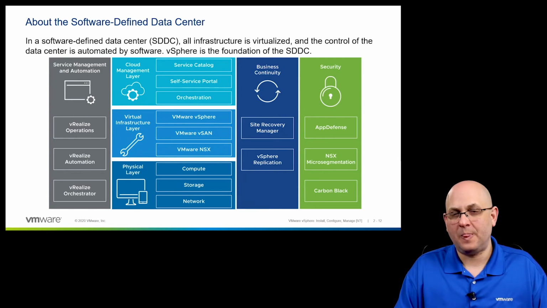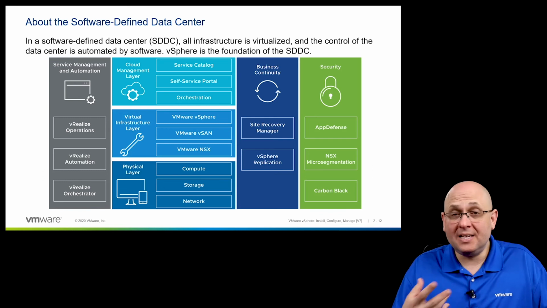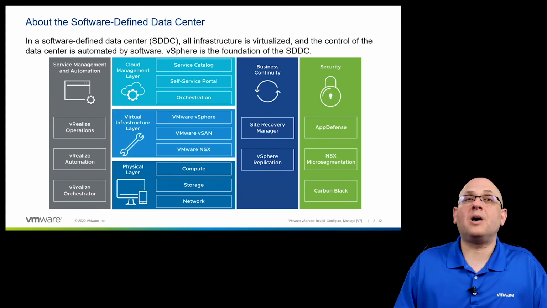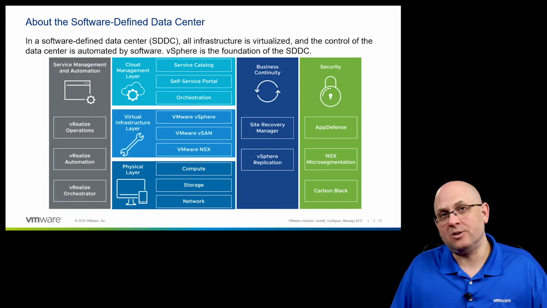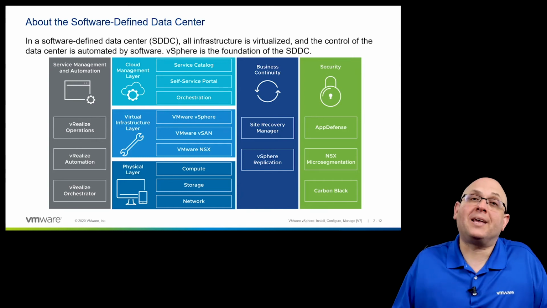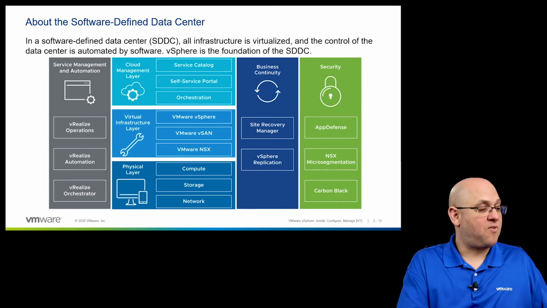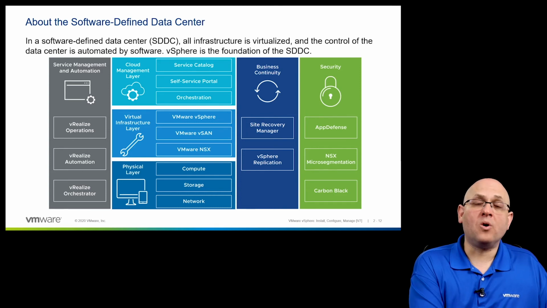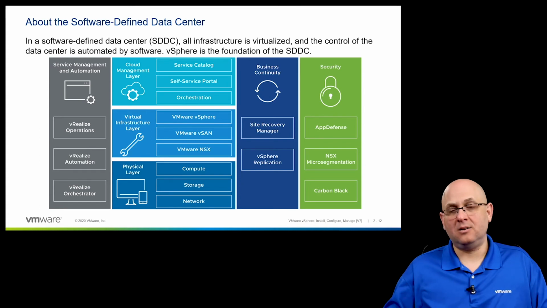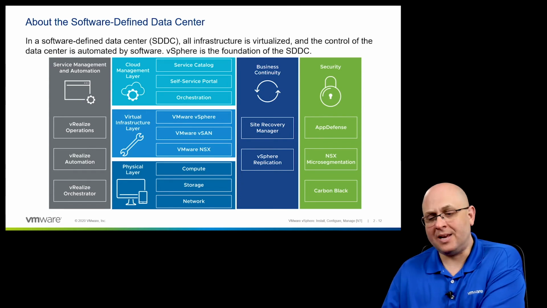Now, of course, all of this stuff requires some business continuity features. So vSphere Replication is another component that allows us to replicate the virtual machine's files from one storage array in one data center to another storage array in another data center.